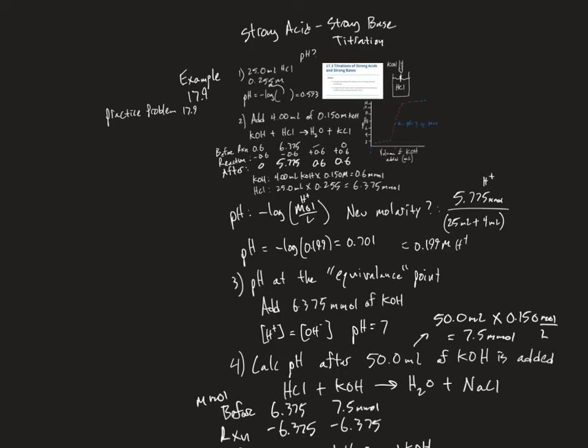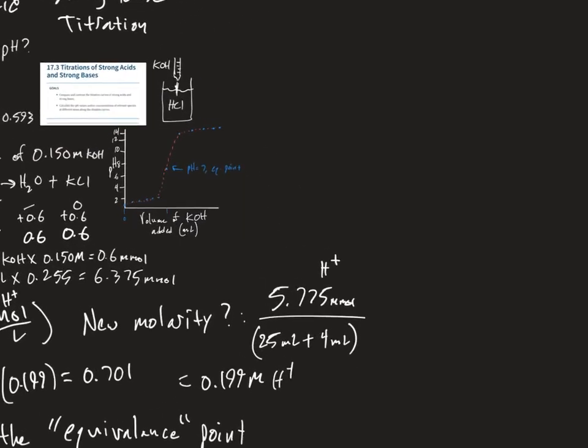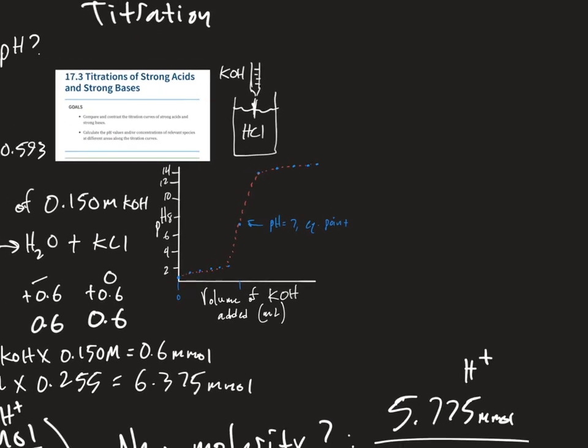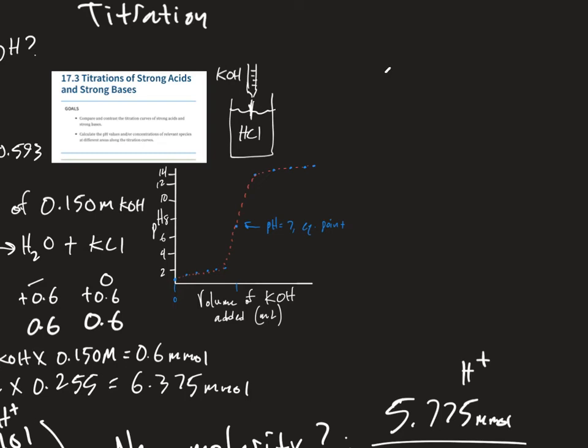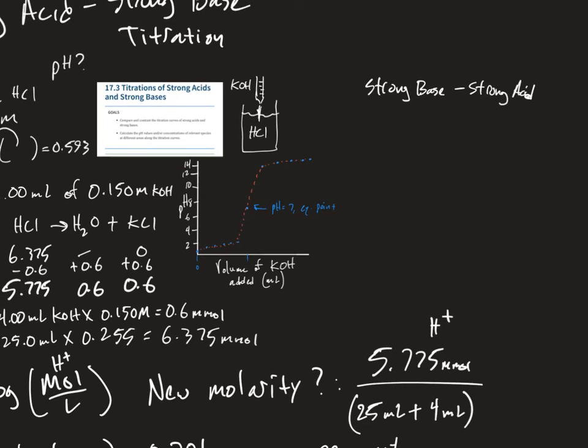Okay, to wrap up this section, 17.3, let's zoom out over here and think about what if we had the opposite, a strong base strong acid titration. As in, instead of this setup, we have, let's say, NaOH or something.